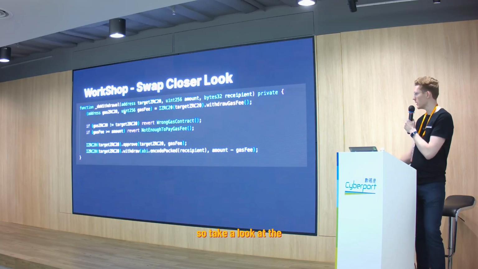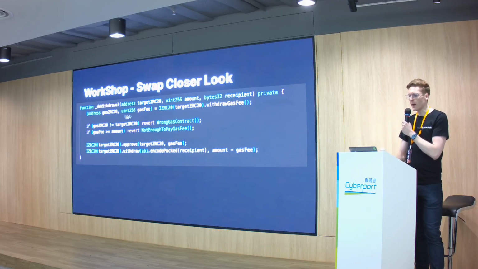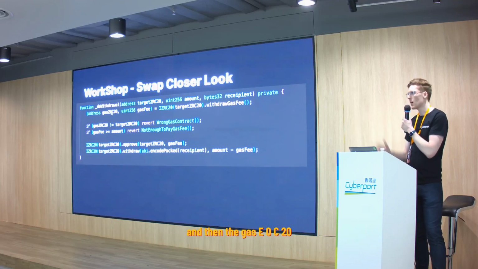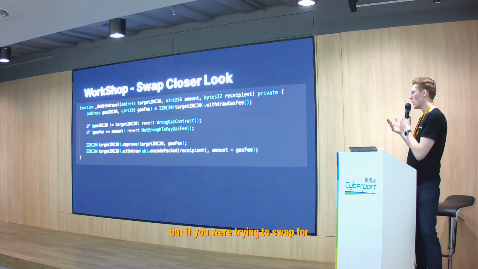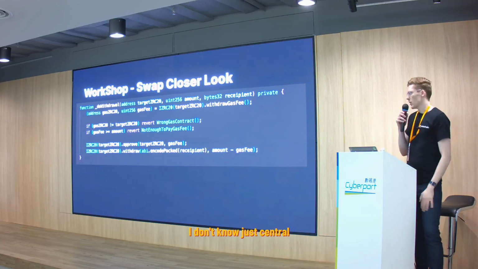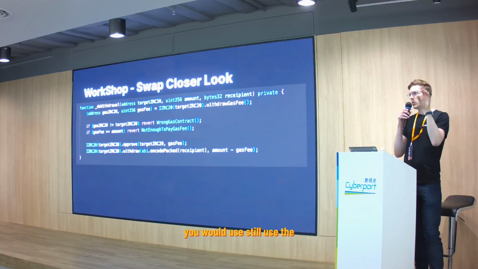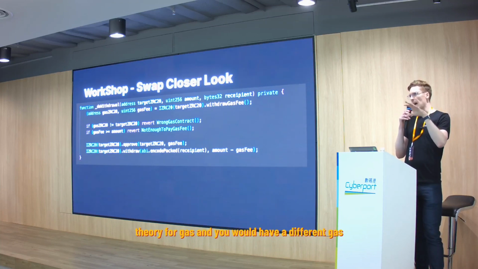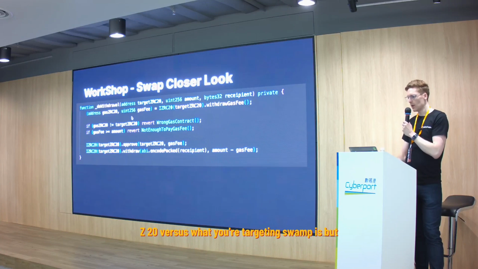So taking a look a little closer, we have this idea of the target ZRC20, what are we trying to swap to? And then the gas ZRC20. Obviously for Ethereum or BSC, the gas is the same token, but if you were trying to swap for Decentraland tokens on Ethereum or something like that, you would still use Ethereum for gas, and you would have a different gas ERC20 versus what your targeting swap is, but that is kind of how that piece functions.